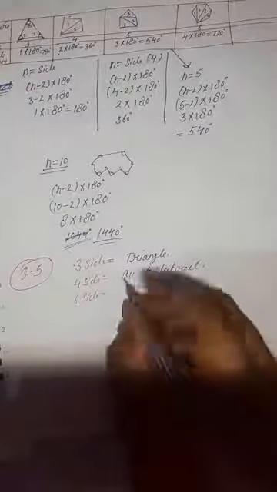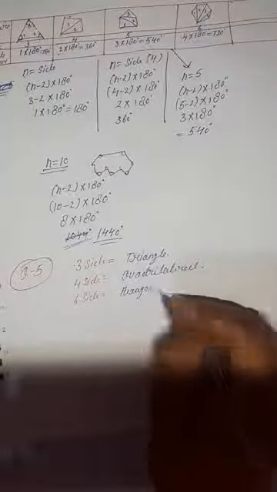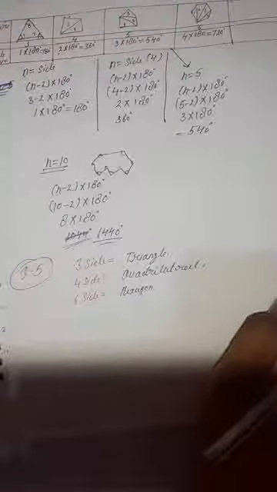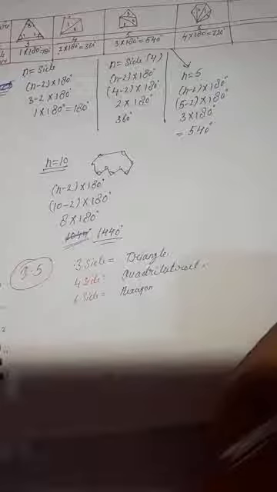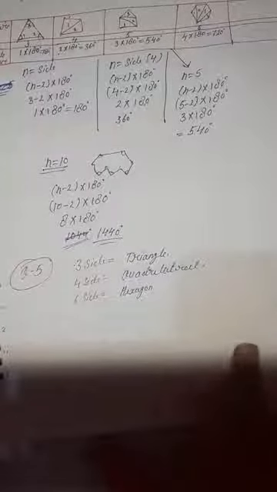That is a hexagon. When we have a figure with 8 sides, we can say that it is an octagon. With 9 sides, we can say that it is a nonagon. And a decagon has 10 sides. So these are the different polygons with different sides according to question number 5.